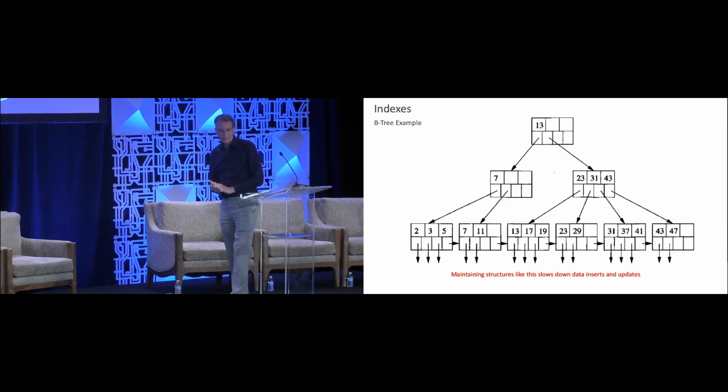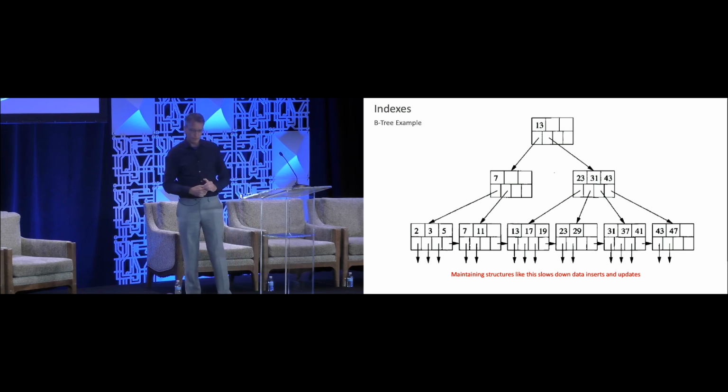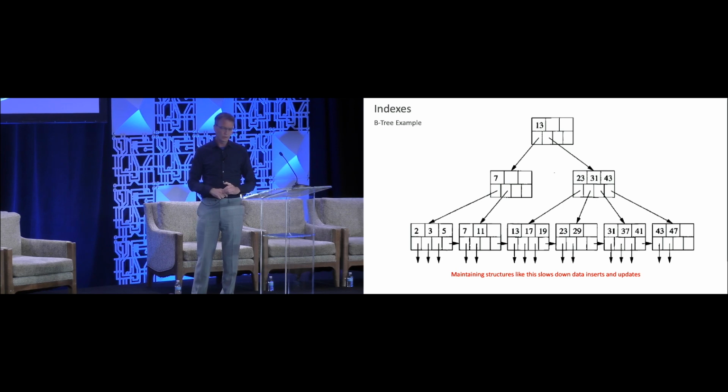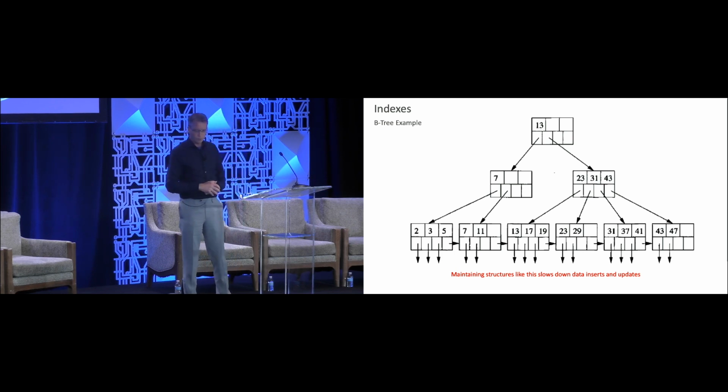When I start adding indexes, things become a bit more complicated. This is an example of a B tree, which is very common. It's the default index you get in most databases. There are different index types, and I'm just showing you a B tree as an example of one type, but they all suffer similar sorts of problems. So a B tree is really just a hierarchy of blocks.